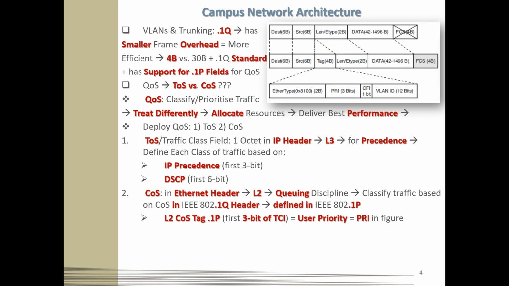So DS, differentiated services. Type of service or TOS has use cases like, for instance, DSCP 46 can be used for VoIP RTP, or DSCP 26 is used for SIP, Session Initiation Protocol, for VoIP signaling.